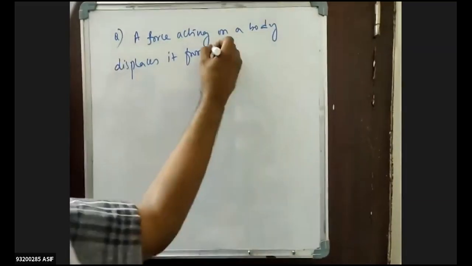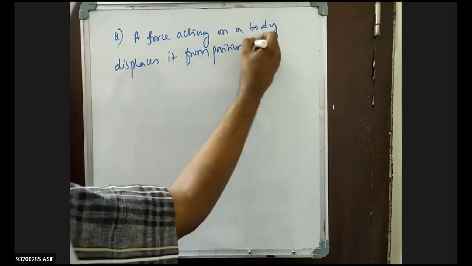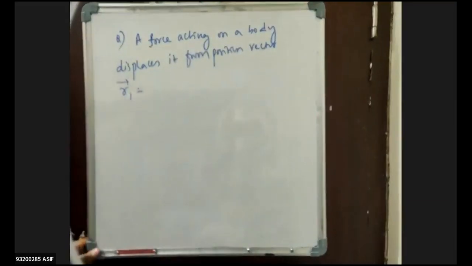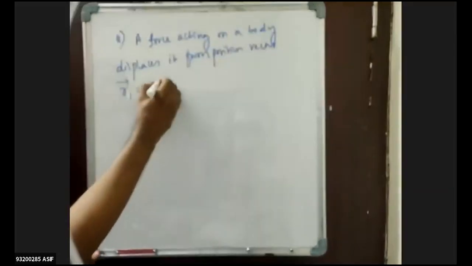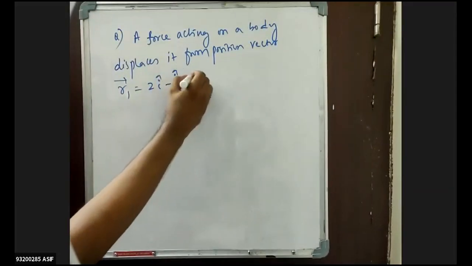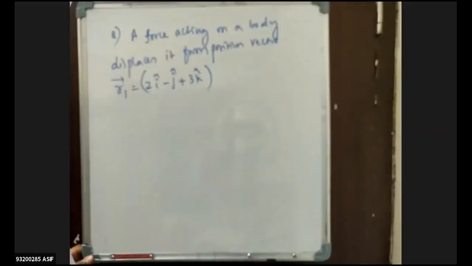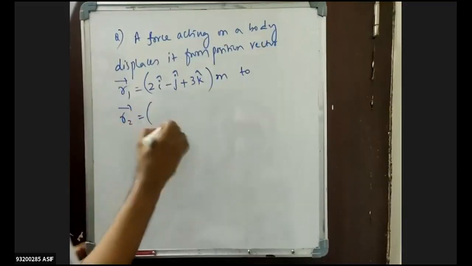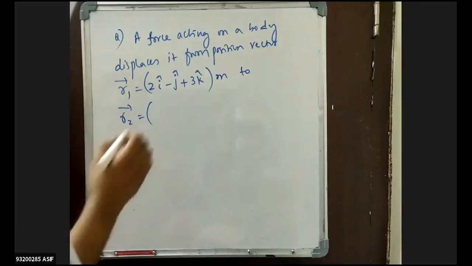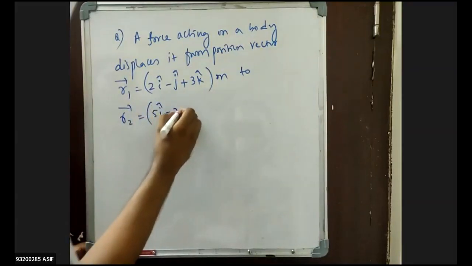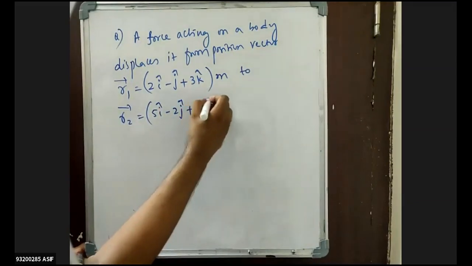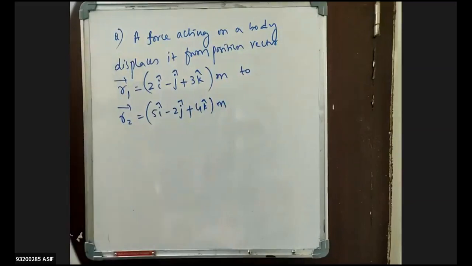position vector R1 bar is equal to 2 I cap minus J cap plus 3 K cap meters to R2 bar is equal to 5 I cap minus 2 J cap plus 4 K cap meters.